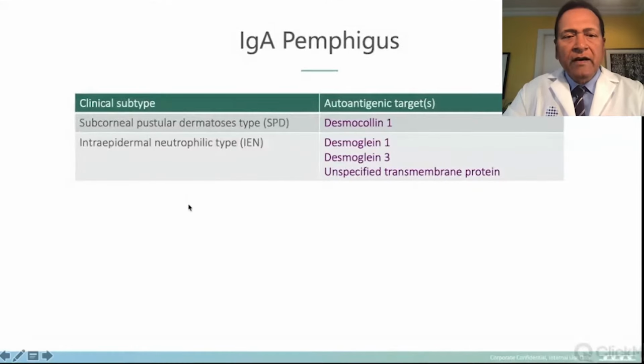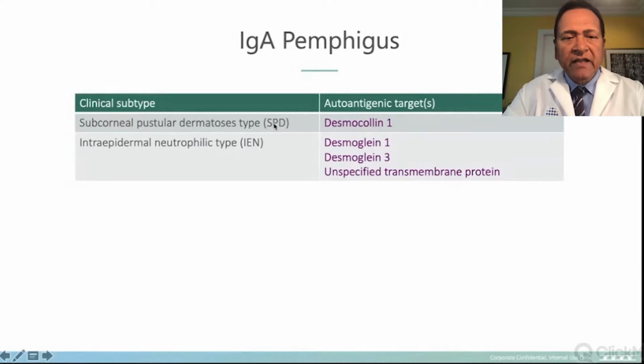There are two types of IgA pemphigus, a subcorneal pustular dermatosis type, and there the target is desmocollin 1, and an intraepidermal neutrophilic type, IEN, where the targets are desmoglein 1, 3, and seems like another transmembrane protein that's still being worked out.